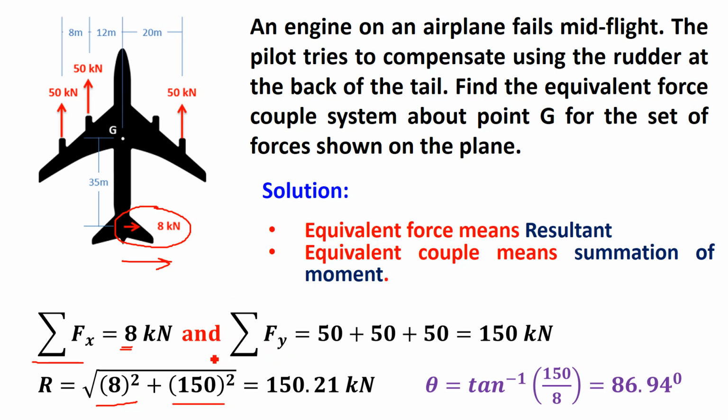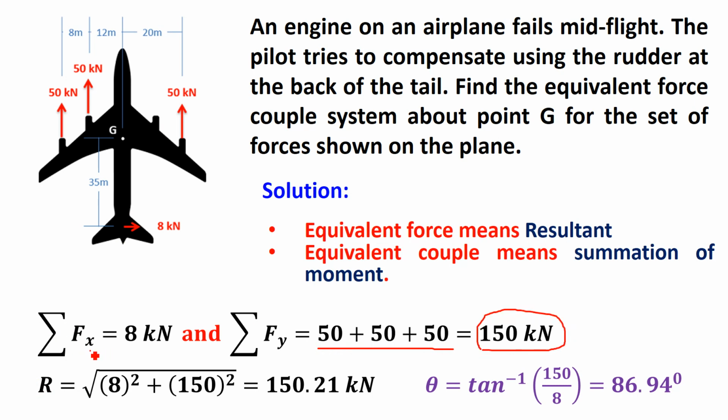For summation of Fy, there are three forces in the y direction, all vertically upward, so all positive: 50 plus 50 plus 50, which is 150 kilonewton.